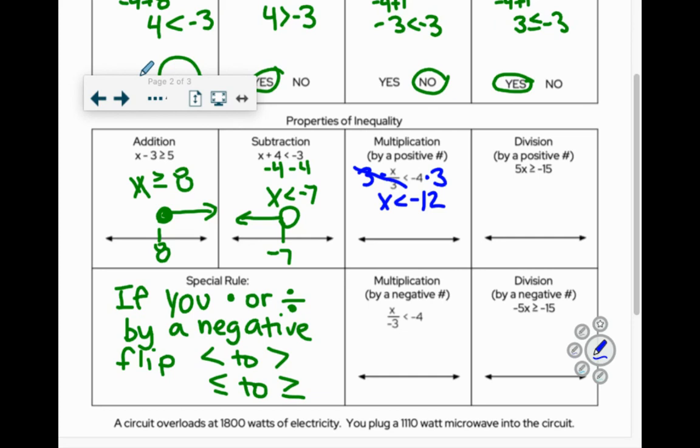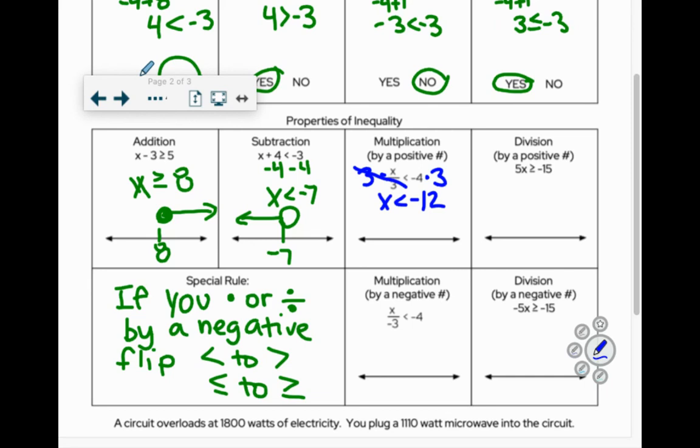All right, 1 minute left. The same thing happens over there with division. We're dividing by 5 on both sides. Negative 15 divided by 5 is negative 3. The number I'm dividing by is 5, so I don't have to flip it.